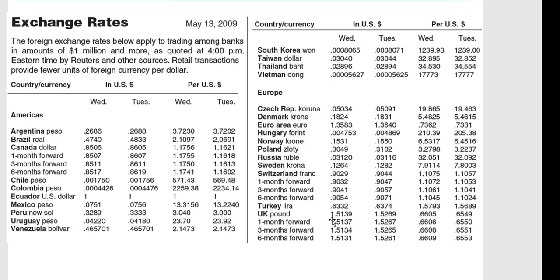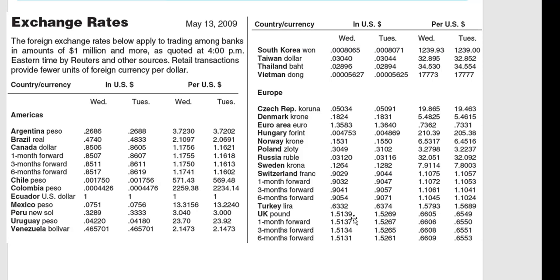So for example, you have here for the British pound, on Wednesday, one needed to pay $1.5139 per pound, and on Tuesday, the previous day, it was $1.5269. So what you can see here is that on Wednesday we needed to give up fewer dollars in order to get the same 1 pound. Therefore, the dollar appreciated from Tuesday to Wednesday.